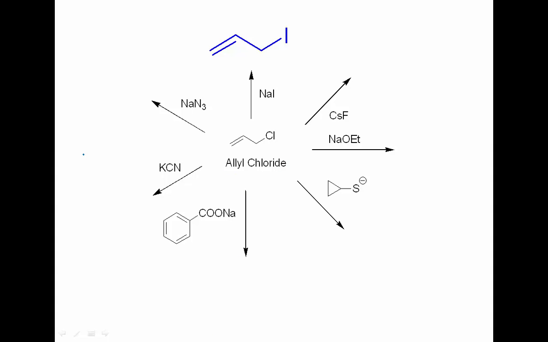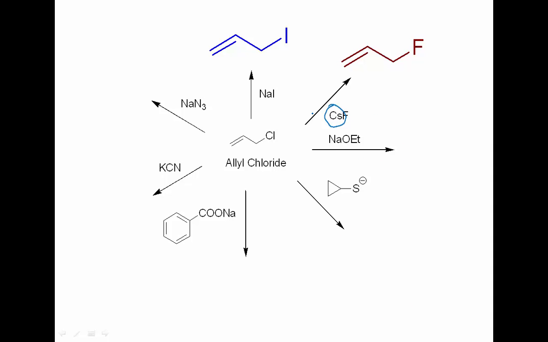We use cesium in this case because in fluoride it's best to have as much ionicity as possible, and cesium is below sodium and potassium in the periodic table, so this is about the most ionic bond in all of chemistry. Okay, and this will give us the fluoride.